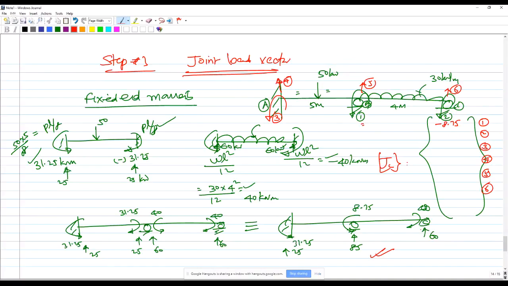This is to be reversed to anti-clockwise. This and this match, therefore plus 40.0. Similarly, for 3, minus 31.25. Similarly, for 4, minus 25.0. 5, minus 85.0. 6, minus 60.0.